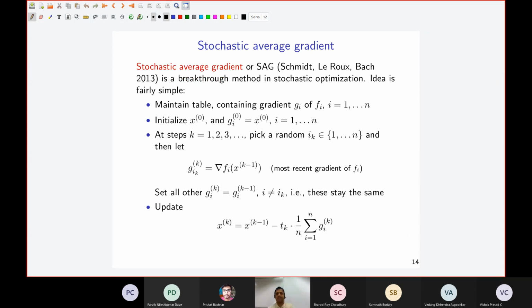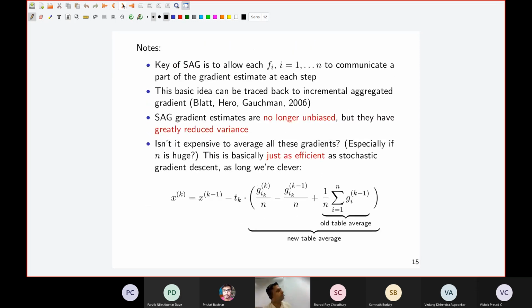That's what we saw, SAG, which I said was a breakthrough method, but that has been improvised upon. These are not my slides, so I'm just showing them as they are.